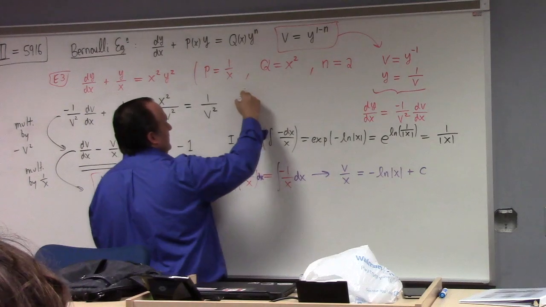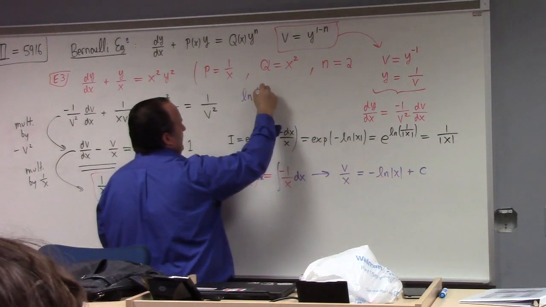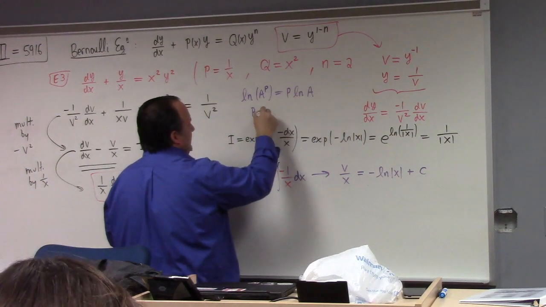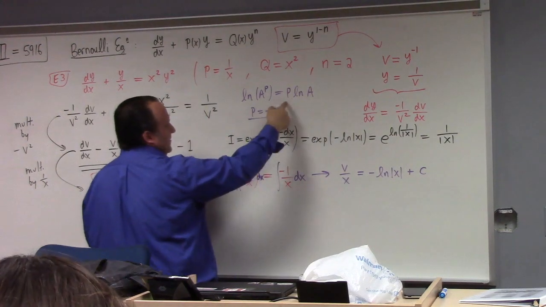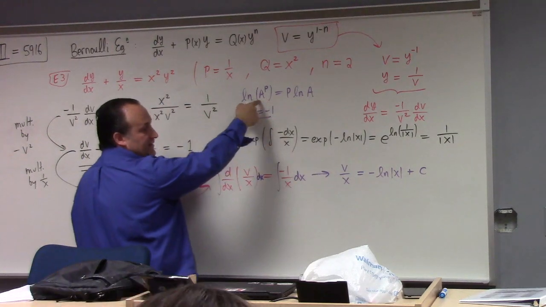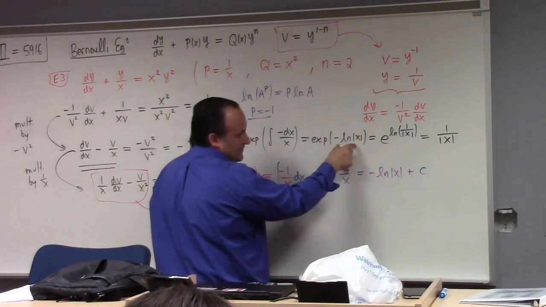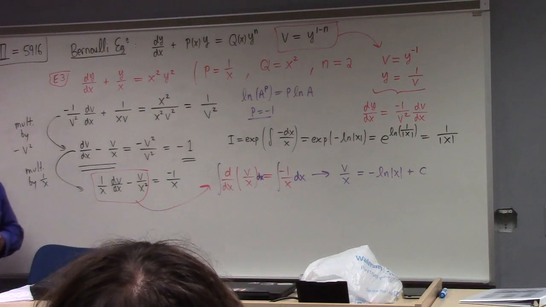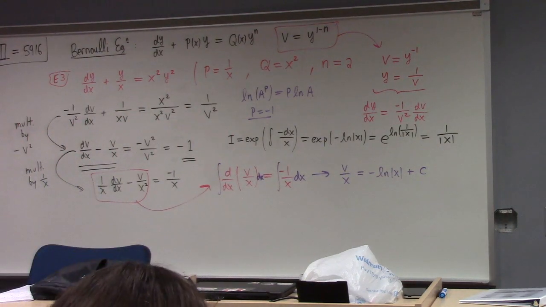The natural log of a to the power p is equal to p times the natural log of a. If we have p equals minus 1, that turns a minus out here into a to the minus 1 in here, which is why this minus log becomes log of 1 over x. It's the reciprocal rule for the log. You should know this. It's pre-calculus.